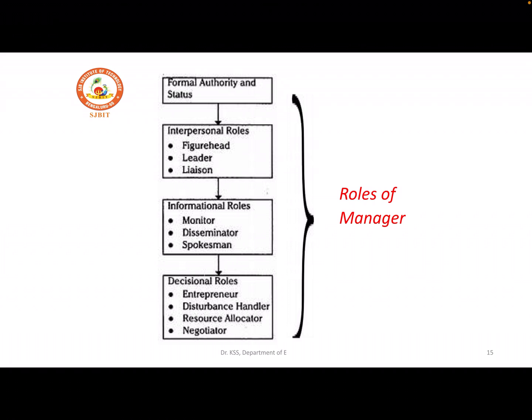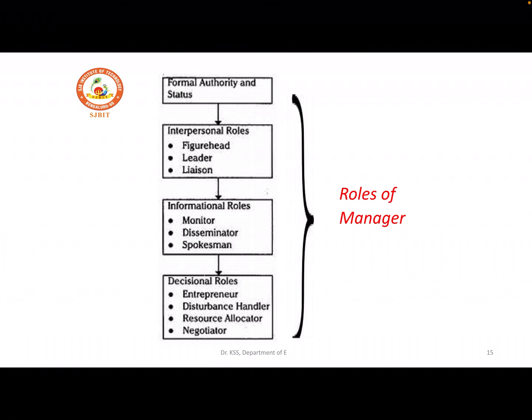The manager will have three types of roles: interpersonal roles, informational roles, and last, decisional roles. Interpersonal roles: figurehead, leader, and he will act as a liaison officer. In the informational roles, he will monitor, he will disseminate, and he is the spokesperson of that company.